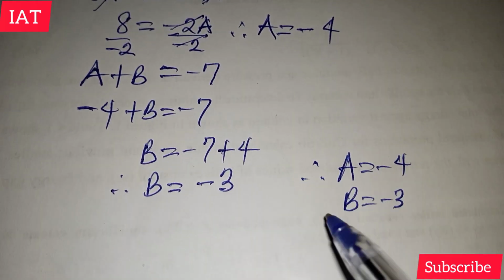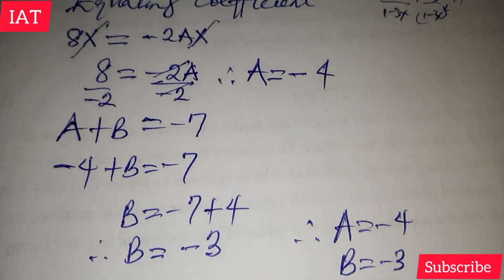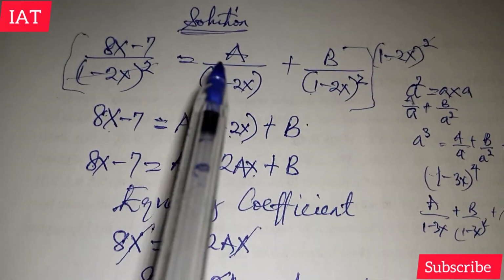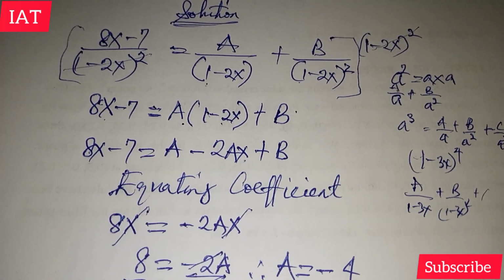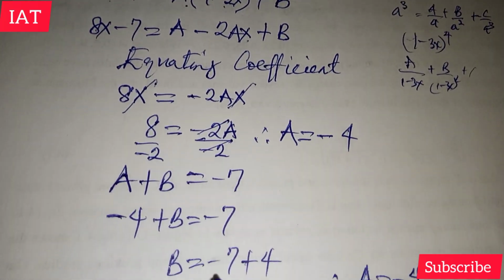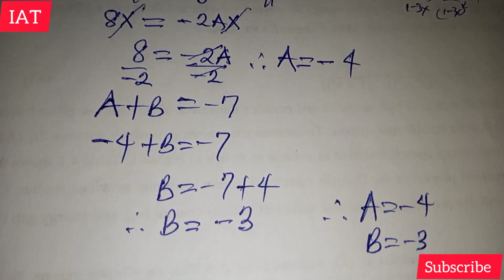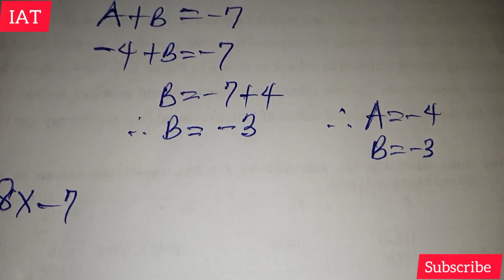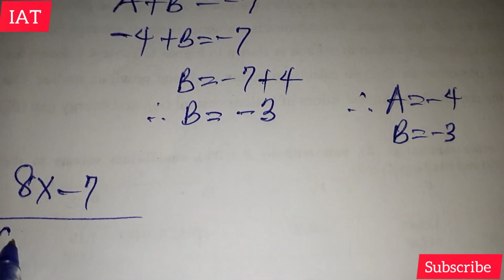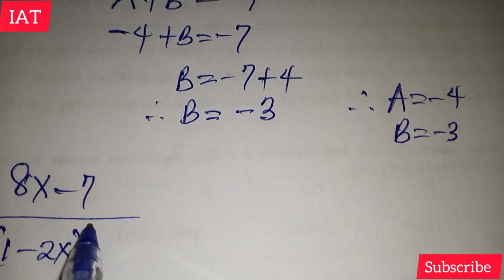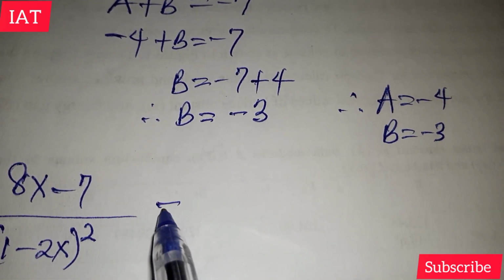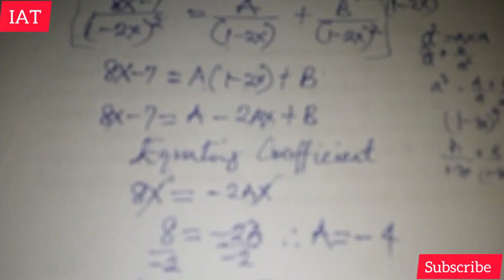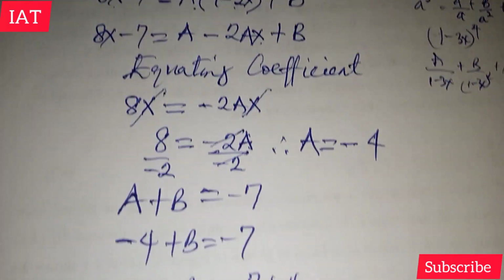So let's substitute these values into the original problem where we assigned the constants a and b. So what we need to do at this point is to say that 8x minus 7 over 1 minus 2x all squared will be equal to, in the position of a, we replace it with the value of a, and in the position of b, we replace it with the value of b.